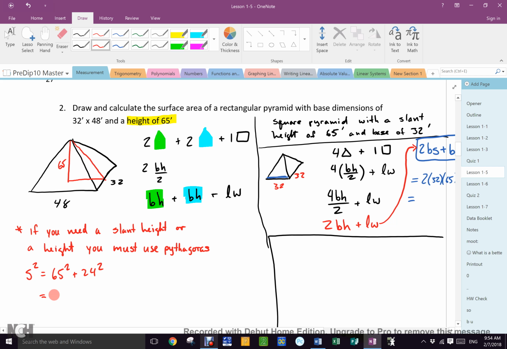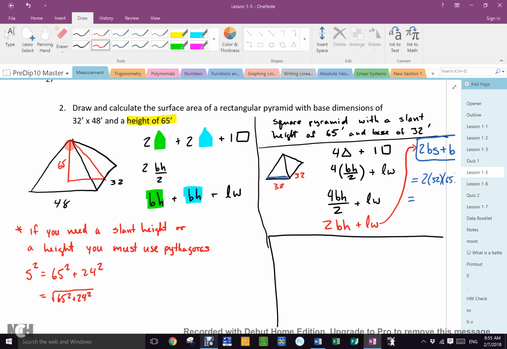You must make C squared. So I've got a square root at the end is what I'm trying to get to, right? You're going to do all this with your calculator. 65 and 24. It's going to be the square root of 65 squared plus 24 squared. Yes? I can't do that in my head, so I'm just going to write it out. Everybody cool? That's the red slant height.